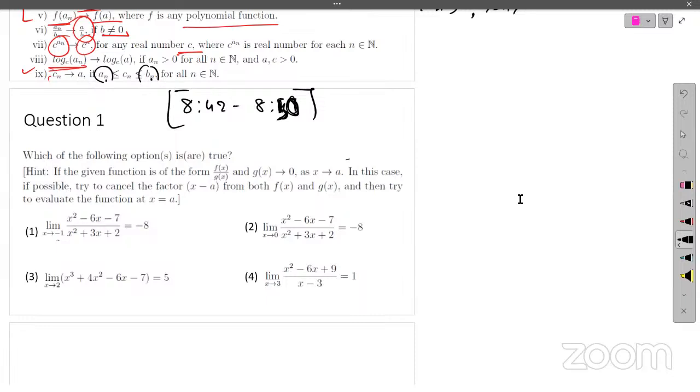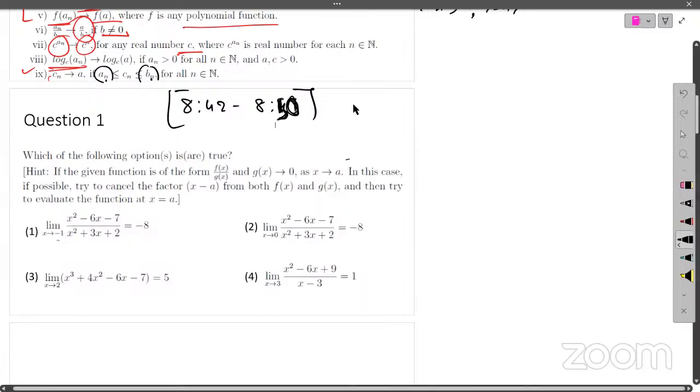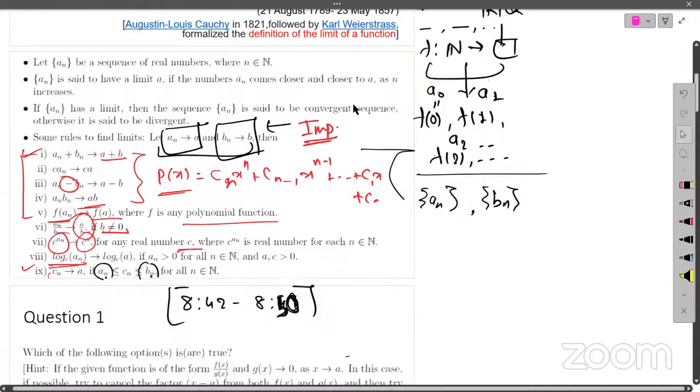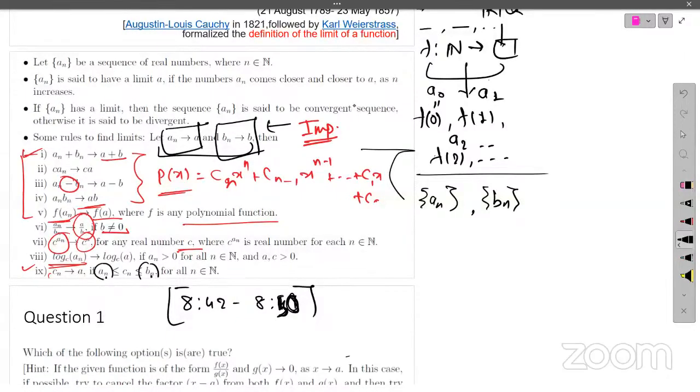Ma'am, regarding sequences, you said that if an converges to a and bn converges to b, then if we add them, they both will converge to what? You said it was wrong while explaining that.